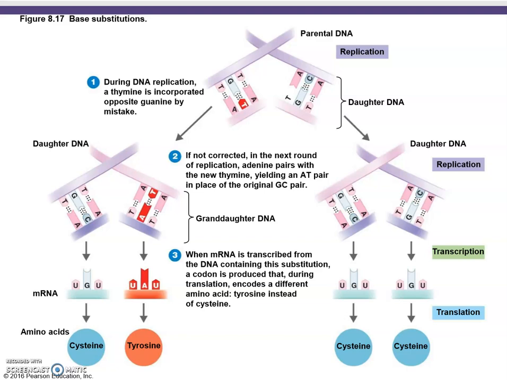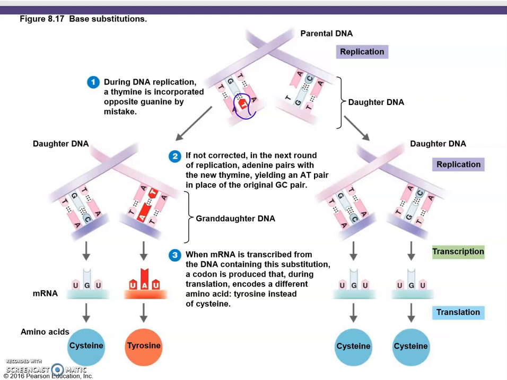So the parental DNA shows here that the sequence should be ACA, and over here TGT, and then the normal base pairing is TGT, and instead a mistake was made, and the G didn't pair with C, but it paired with T, and that mistake for some reason was not recognized, it was not proofread, and so this T right here ended up staying.